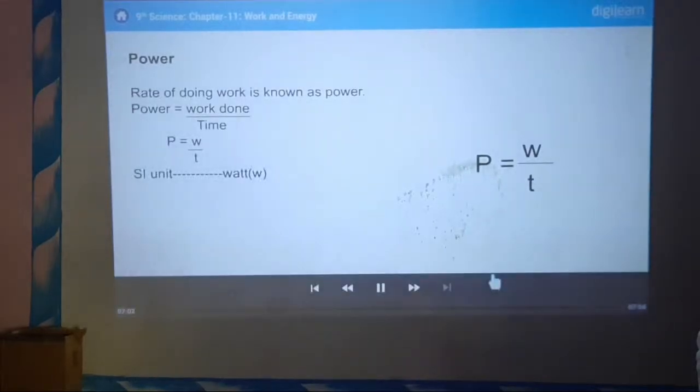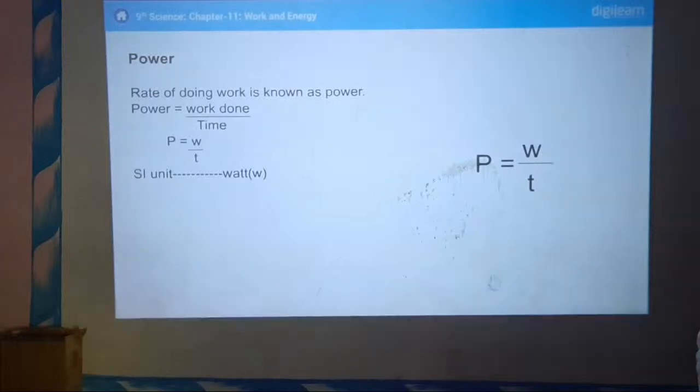Power. Rate of doing work is known as power. Power equals work done divided by time. P equals W divided by t.